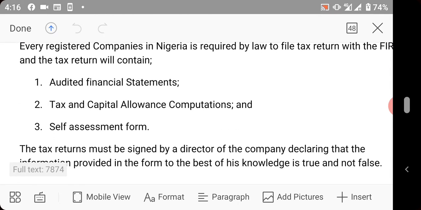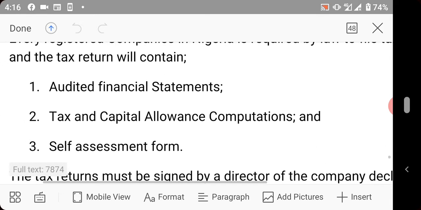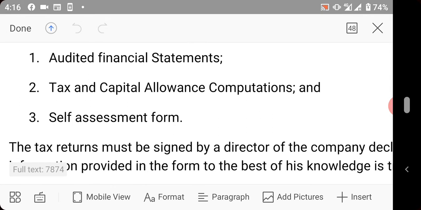Now, tax return, upon being filed, must have three paramount documents inside. The first one is audited financial statement. The second one is tax and capital allowance computations. The third one is self-assessment form.